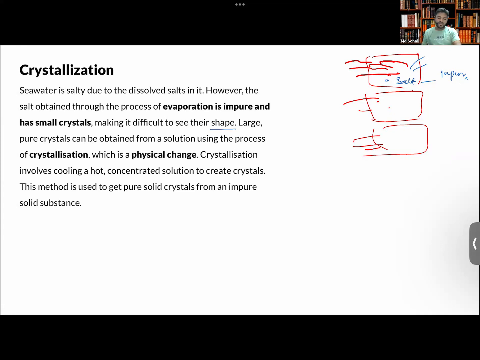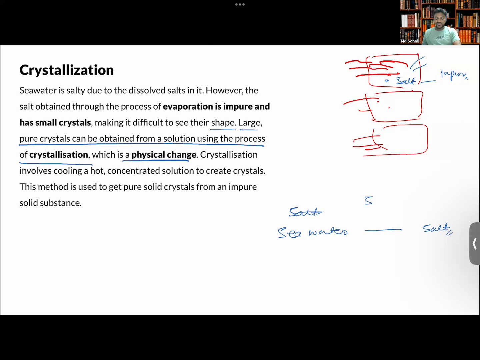Large pure crystals can be obtained from a solution using the process of crystallization. So if you want to obtain pure salts, you have to adopt the process of crystallization. And crystallization is a physical change. Why is it so? For example, you have seawater, and from it you obtain salt.